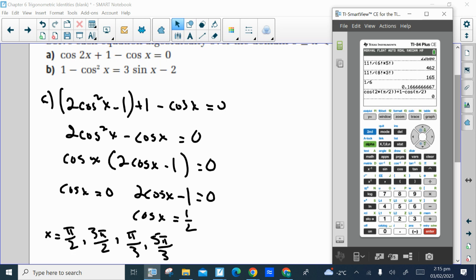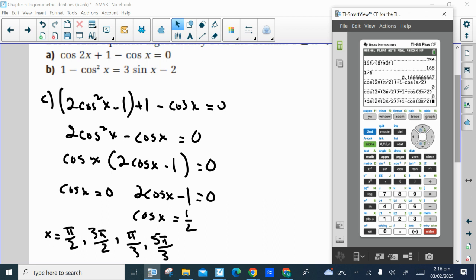Now we'll use 3 pi on 2. So I can just go and insert the 3 in there in that last equation. And it works. I get 0 as the answer. So that angle checks. I'm going to check both pi on 3 and 5 pi on 3.